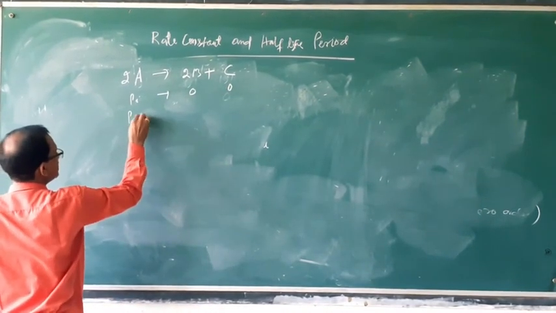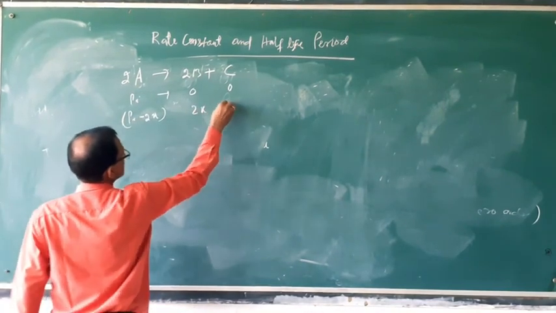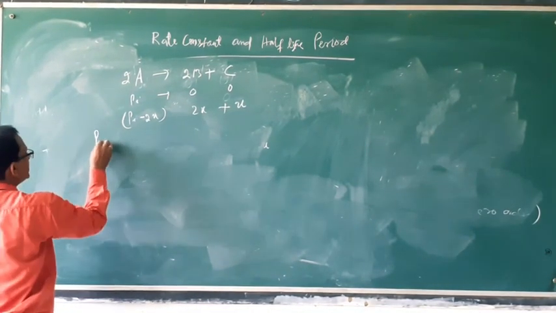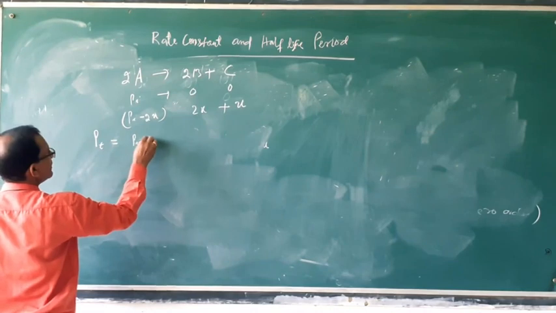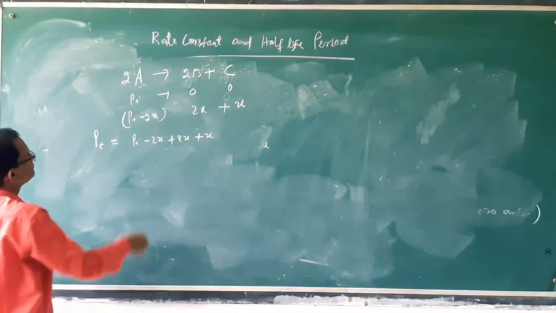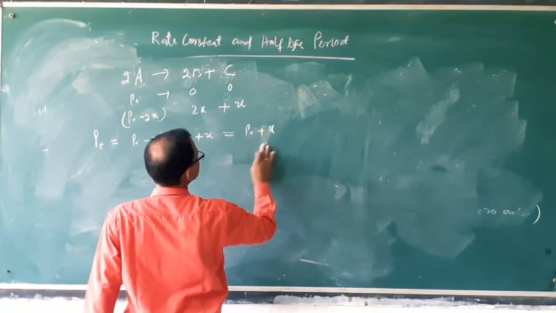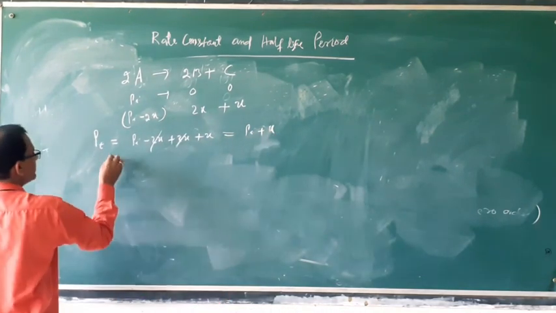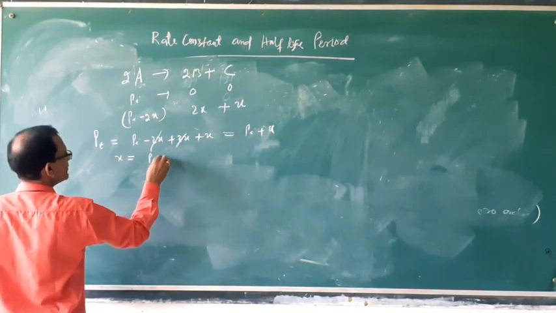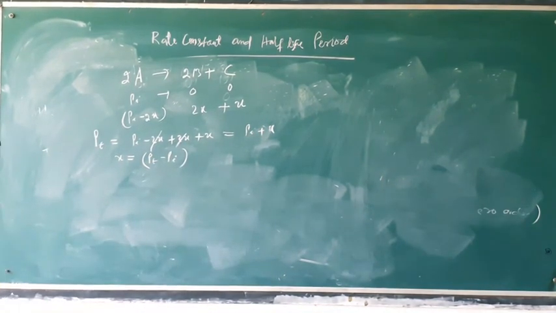Then Pi minus 2x, because 2 moles are consumed, then 2x, and x. Then what is the value of PT? PT will be Pi minus 2x plus 2x plus x. Same theory, cancel. What is this? Pi plus x. Now what is the value of x? x is PT minus Pi.